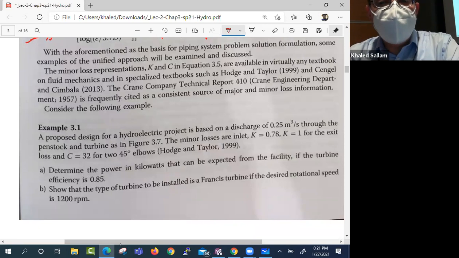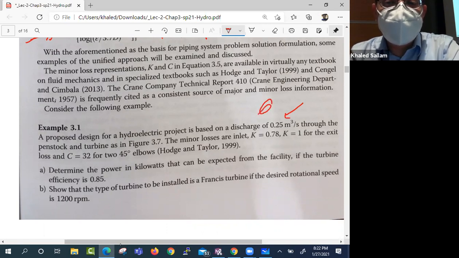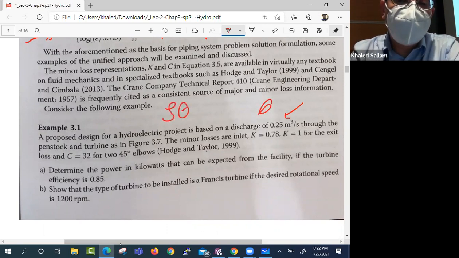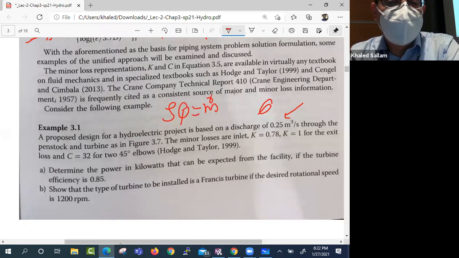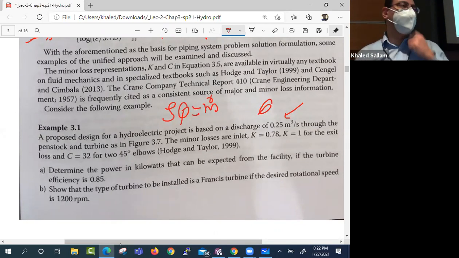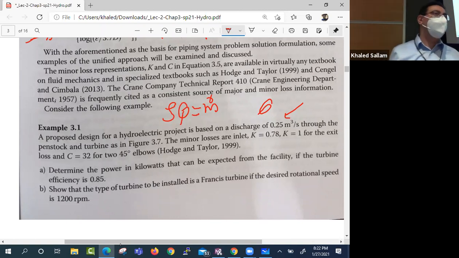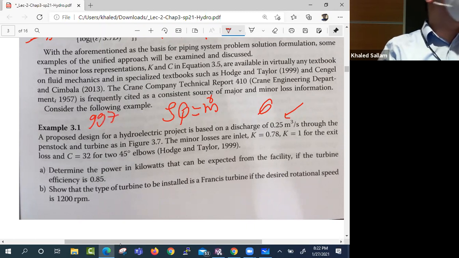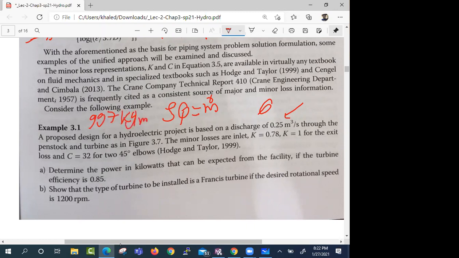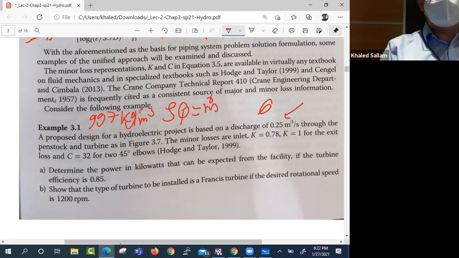So this example is an example of a Lambert analysis like this. He gave us the Q, the flow rate. So rho Q is m dot. And of course, rho water, you don't really need people to give you rho water. We know what rho water is, right? So rho water is what, 997 kilogram per meter cubed? And when is it like 1,000?